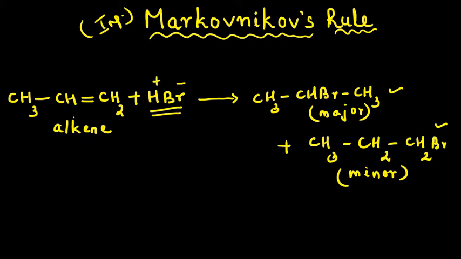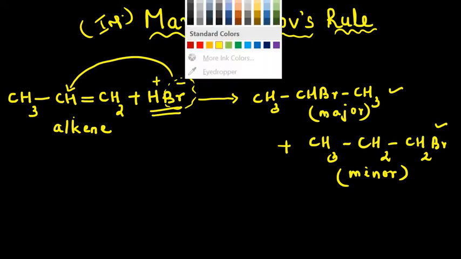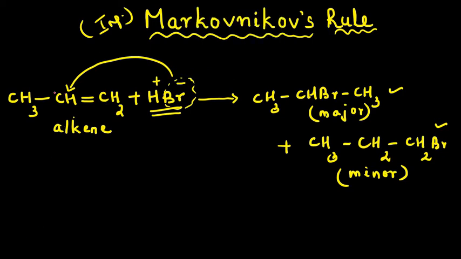The negative part of the reagent goes and attacks the carbon atom with the lesser number of hydrogen atoms. The important point is that we have to consider the area where the double bond is, so addition is taking place here.